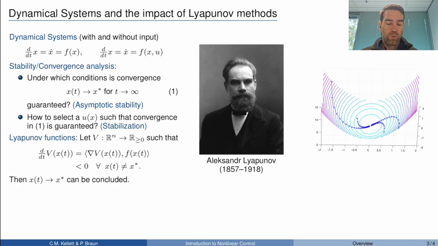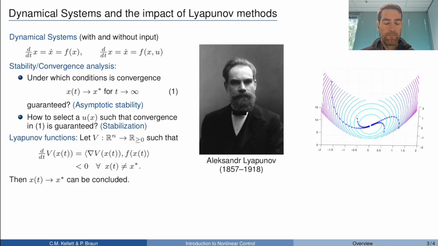And why is that helpful? Well, it is helpful because we can write the derivative with respect to time of this function v as the product of the gradient of v times the right-hand side f.